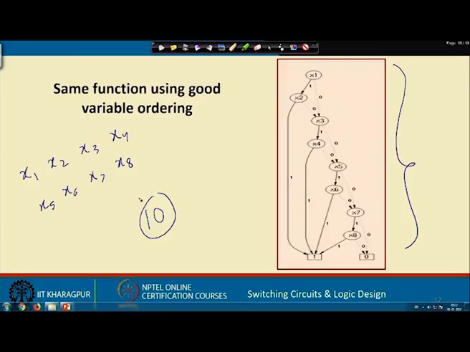So, this is a very classic example used to illustrate that the ordering of the variables is very important, and most BDD generation and manipulation tools try to find a very good ordering of the variables so as to reduce the size of the function.